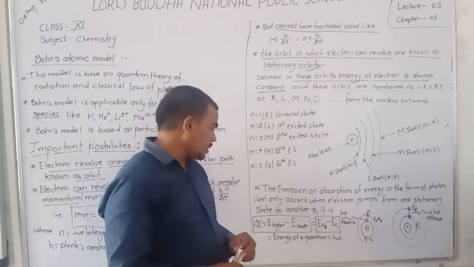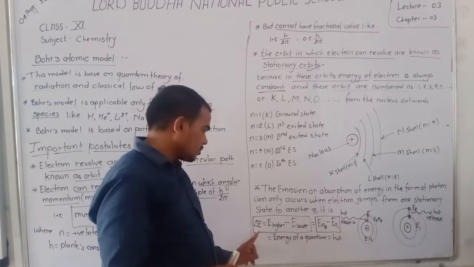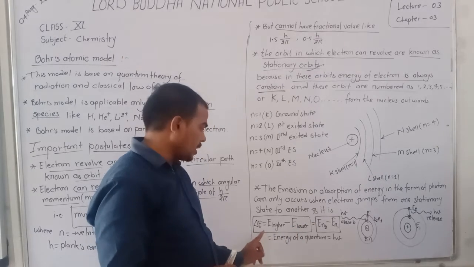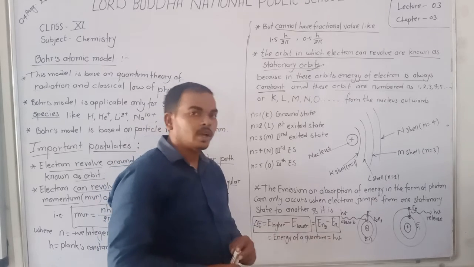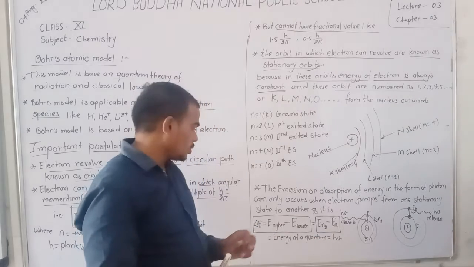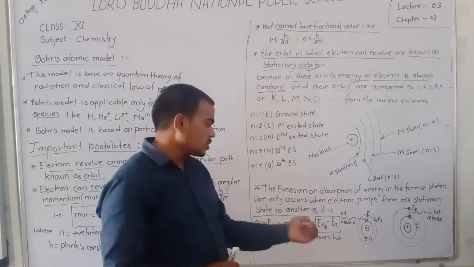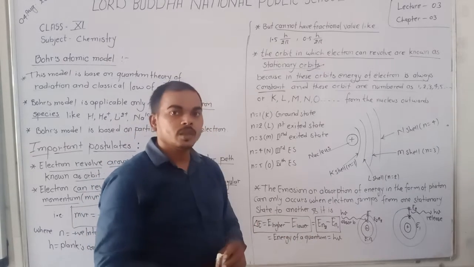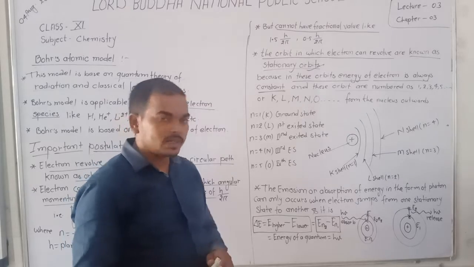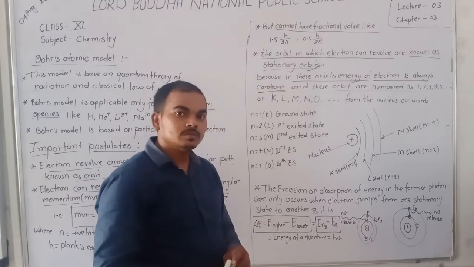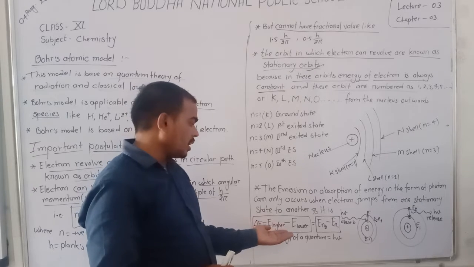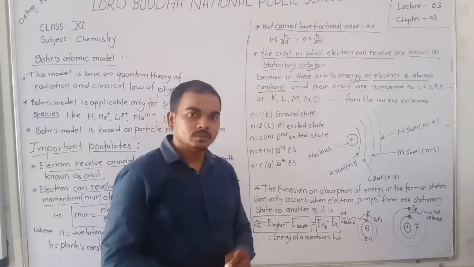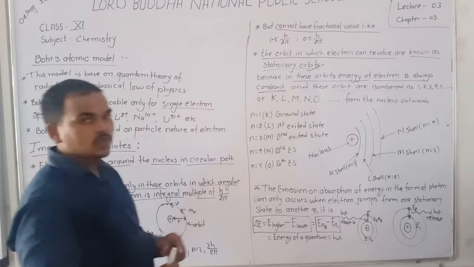Dear student, this energy difference is also known as energy of quantum, that is represented by h nu. So we say that delta E is h nu or energy of quantum. If the question asks for energy of quantum or energy of photon, then you calculate energy of higher minus energy of lower. Okay, take screenshot.